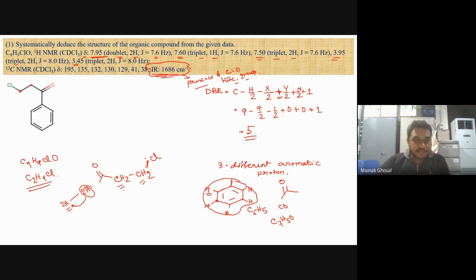Somebody has a doubt. Yes, go on. When you take a molecule of toluene, a methyl substituted benzene ring, we get only 2 signals, one for methyl and one for the aromatic hydrogens.